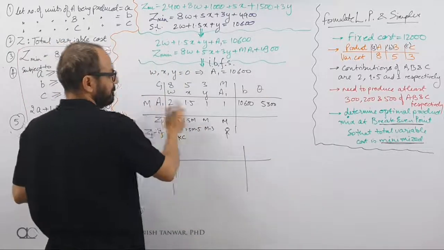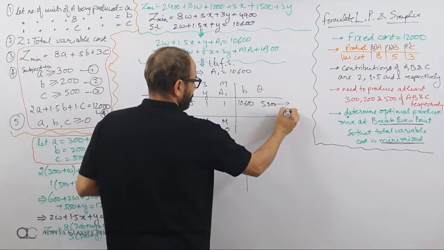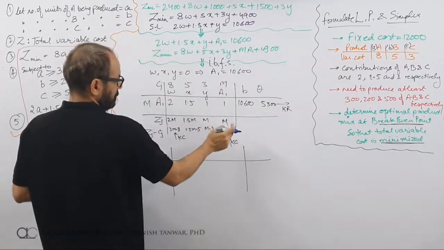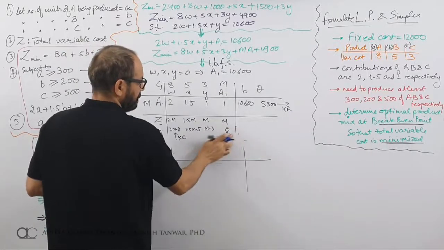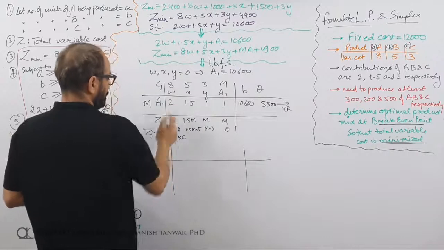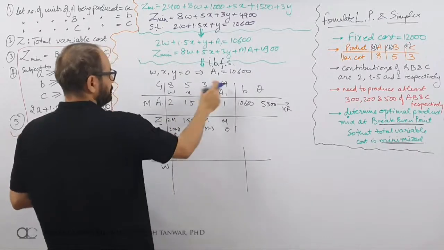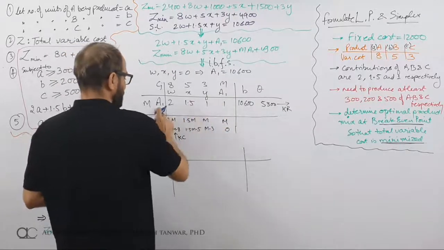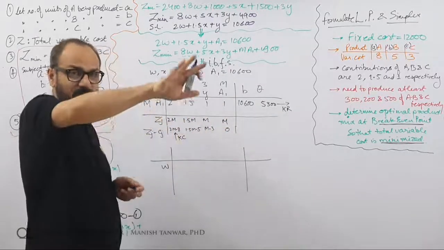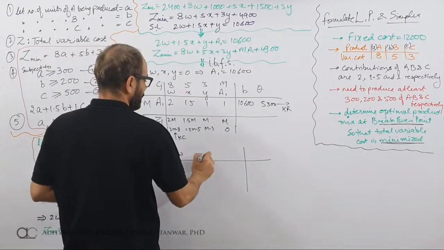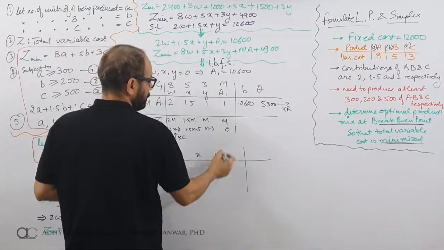Artificial variable is this is key row, this is key column. Key column, that is W is the incoming variable. Outgoing variable is A1. So artificial, when it moves out of my solution, I forget it forever, leaving me with W, X and Y. There will be no A.